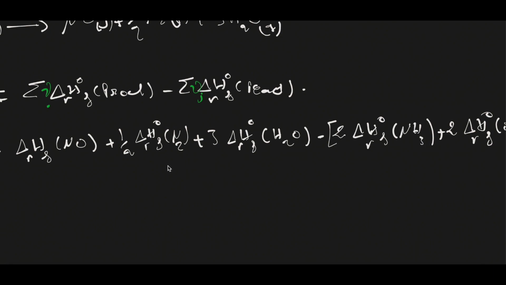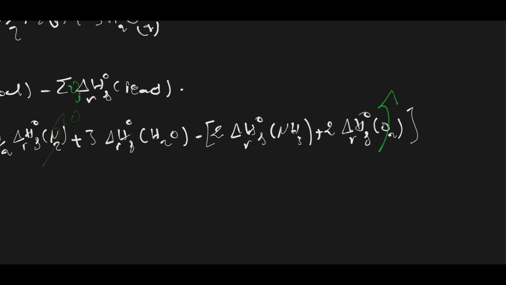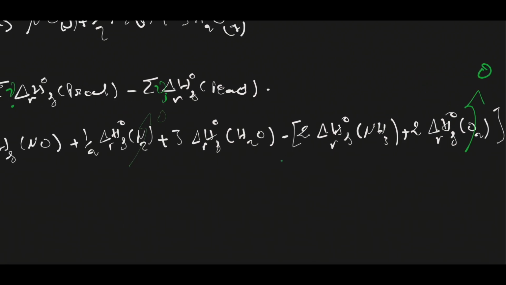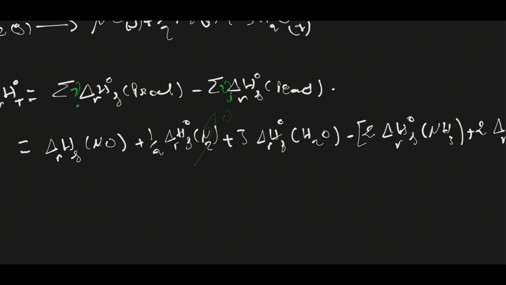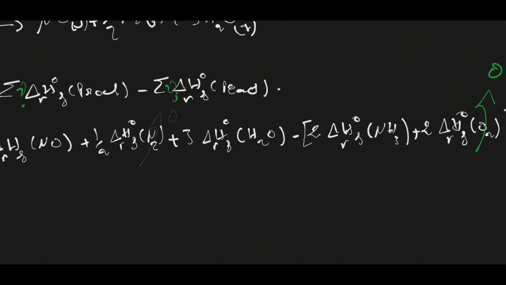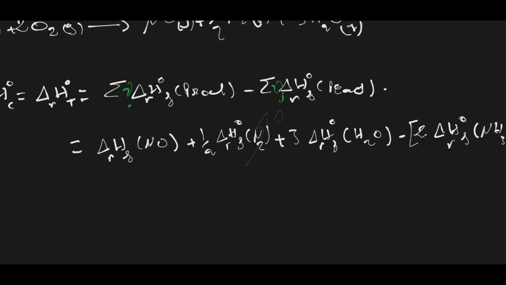And now, because the standard enthalpy of formation of a pure element is equal to 0, so here for nitrogen gas and O2, they are equal to 0. And also the values of the standard enthalpy of formation of NO and water are given.